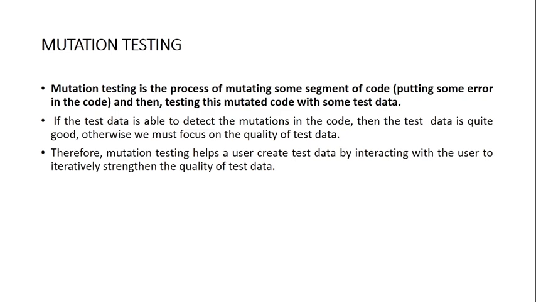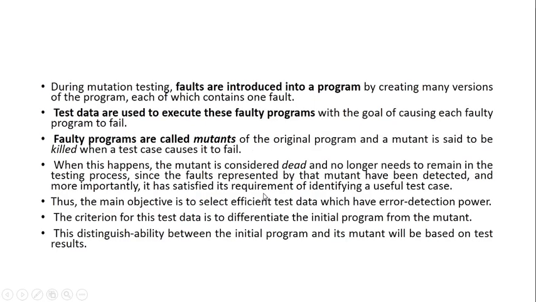So ultimately it's a process of enhancing your testing process, in turn your test cases. If the test data is able to detect the mutations in the code, then the test data is quite good. Otherwise we must focus on the quality of test data. Therefore, mutation testing helps a user create test data by interacting with the user to iteratively strengthen the quality of the test data. Ultimately, you have to improve your test data.